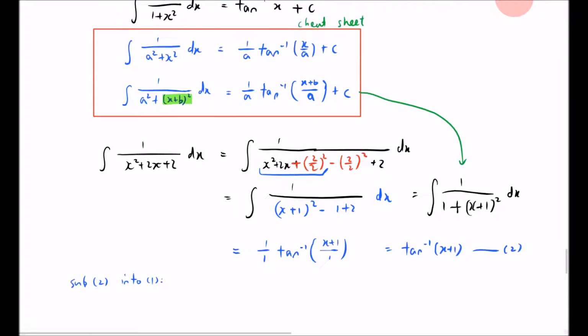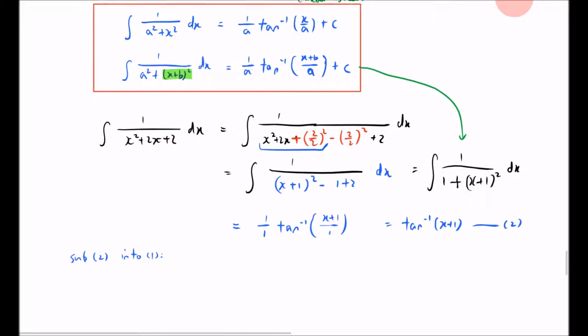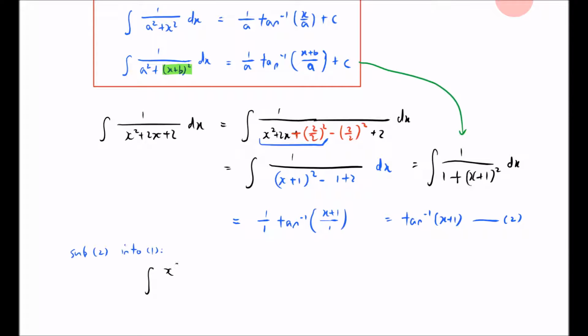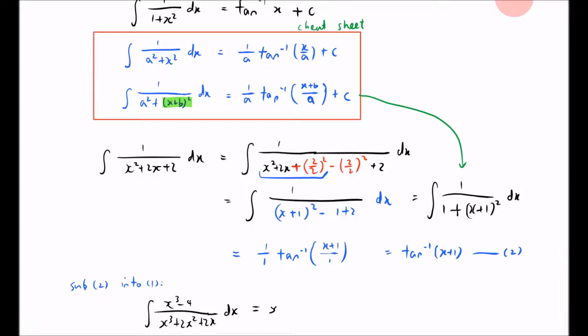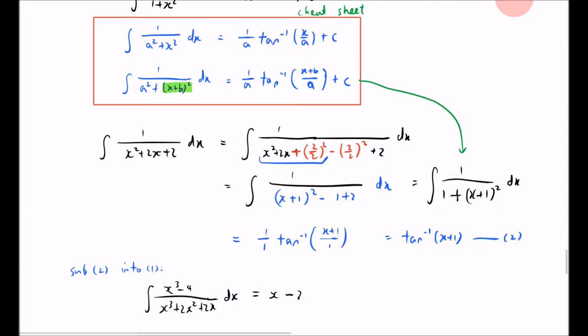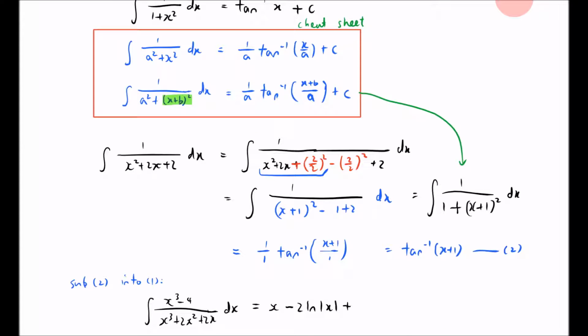So eventually you have integrate (x cubed minus 4) over (x cubed plus 2x squared plus 2x) dx equals x minus 2 ln of x plus 2 tangent inverse of (x plus 1) plus c.